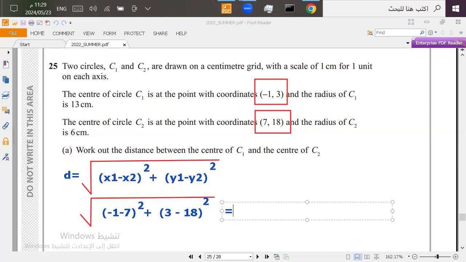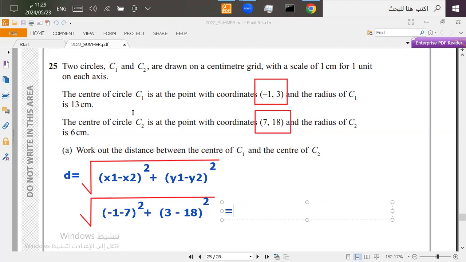So here, I'm going to use the calculator, square root, and then after the square root, put the bracket, -1, use it in order, okay? -1, -7, close bracket, squared, and then plus bracket, and then you do 3 minus 18, close bracket, squared.